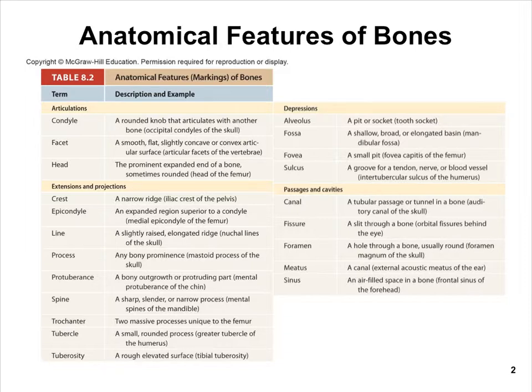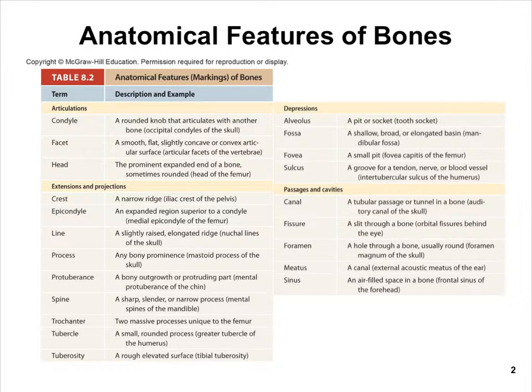Specifically, I'm going to talk about a few of them here that weren't on the previous page. A protuberance is basically a special type of process. It's an outgrowth or a protruding part, sometimes found in between articulatory surfaces, although not always.